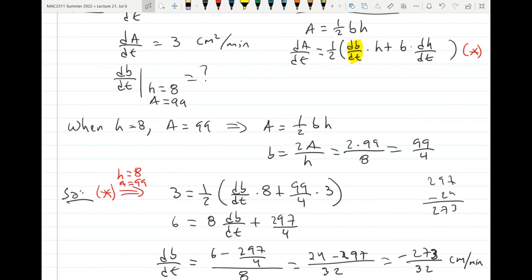Wait, no, because here it's different. Here they're asking for dx/dt and they give you dy/dt, so it's on the different side. They are asking for this, and they give you this. The one that I just did, they were asking for dy/dt.